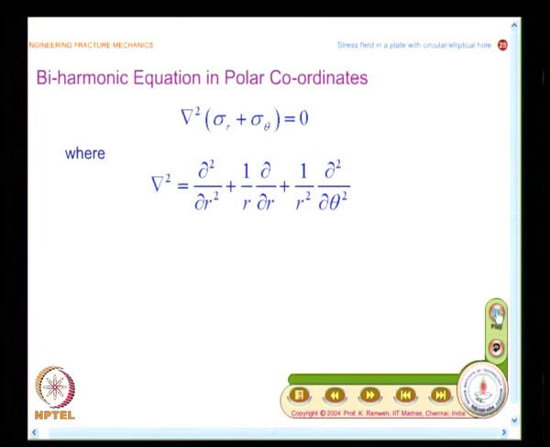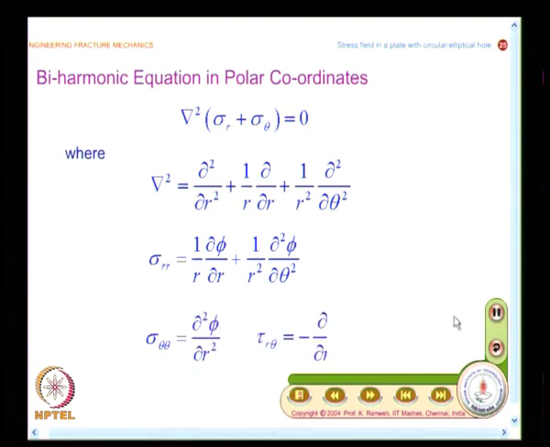Another reason why I cover polar coordinates is, in fact, many problems of common interest find solution from the polar coordinate system.